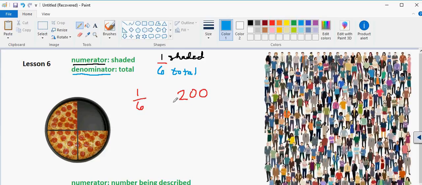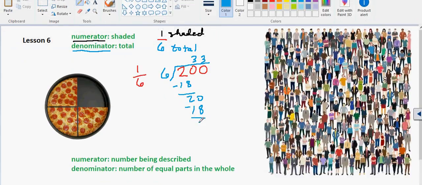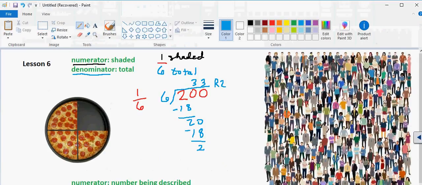Let's divide the 200 into 6 equal parts. 6 into 20 is 18, and again, and that's as far as we can go. Remainder 2. You can't have a remainder when you're counting full-sized people. So we'll stick with 33 on the bottom. And on the top is the number being described.